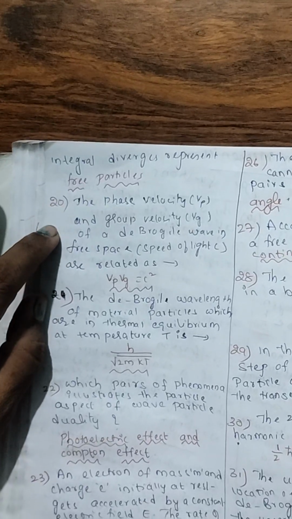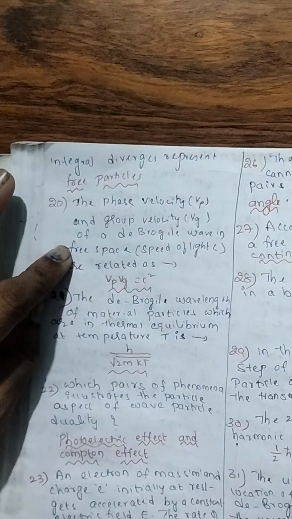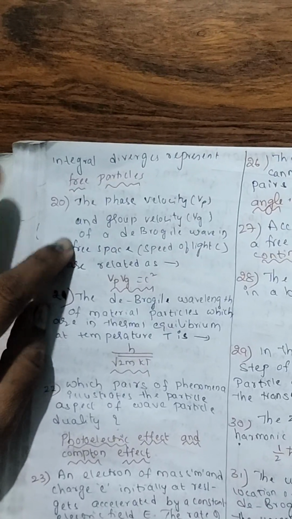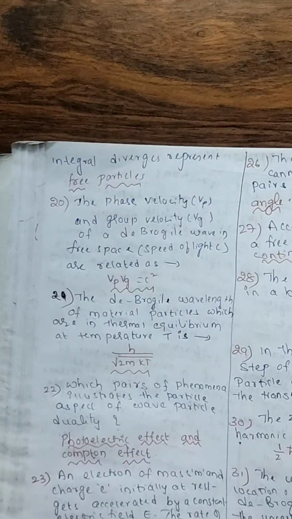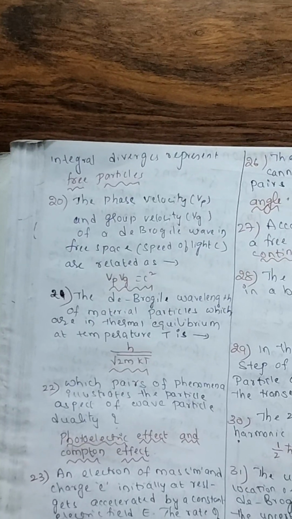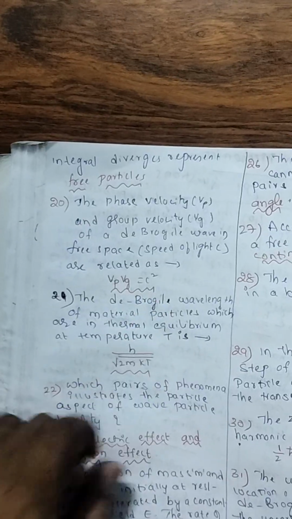The relation between the phase and group velocity for a de Broglie wave in free space: if c is the speed of light, then Vp Vg is equal to c square.